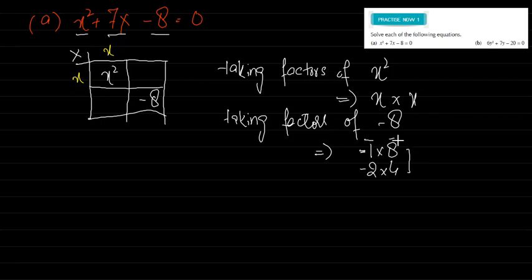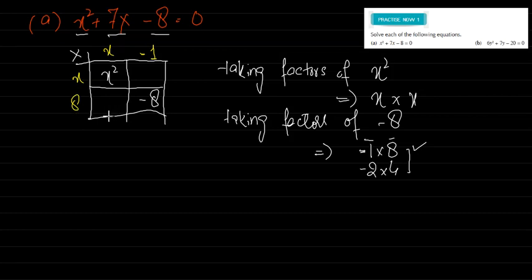So it means that if we take this factor, we can get the value of 7, right? So we just simply write this factor here: one is minus 1 and the other is 8.